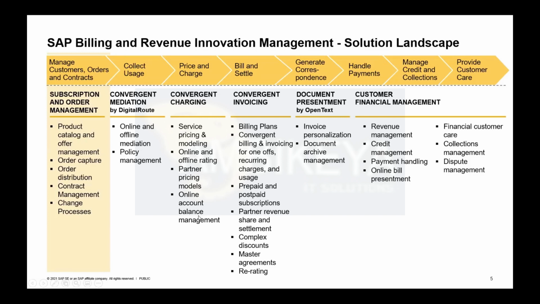We have the possibility to handle different models here. And then the next step is the convergent invoicing. We have the option to create the subscription monthly relevant fees out of billing plans in convergent invoicing, or the other possibility is also to create the monthly fees out of the convergent charging.